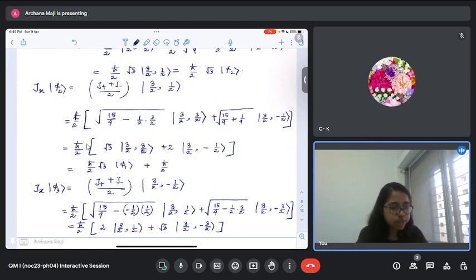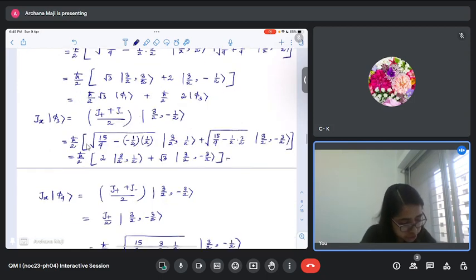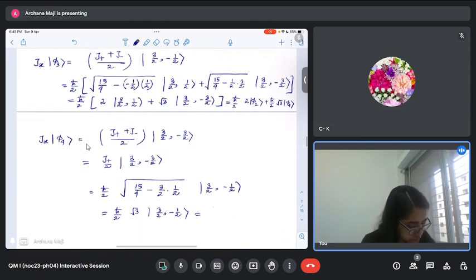So basically ħ/2 appears everywhere, so we will take it common, so that's why I'm keeping it as ħ/2 and not cancelling this 2 with this 2. This is 2 phi 3. This is equal to ħ/2 times 2 phi 2 plus ħ/2 square root 3. This is phi 4. Okay, and this is equal to ħ/2 square root 3 phi 3.